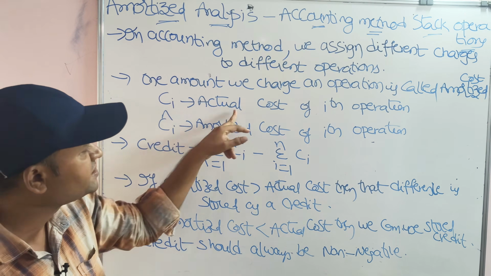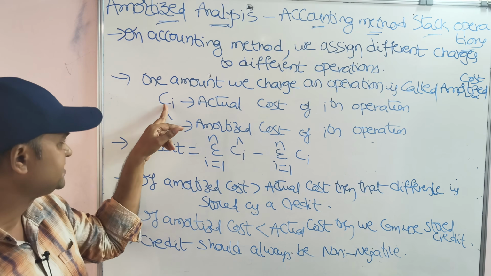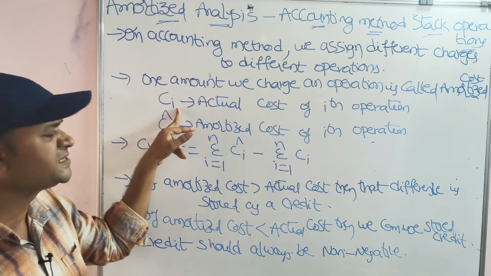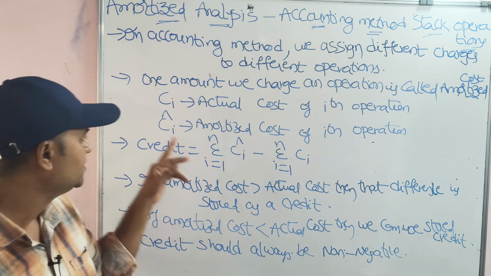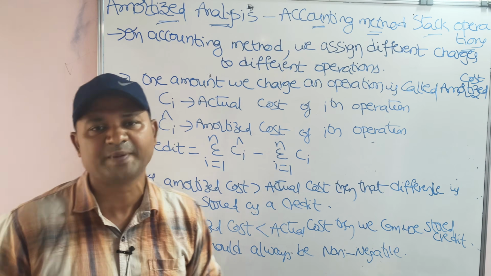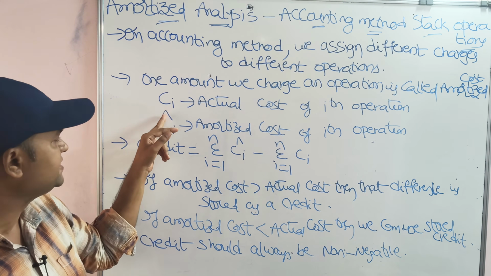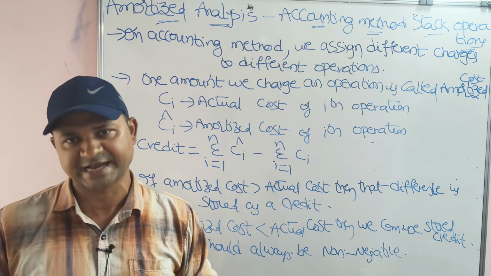Ci means actual cost of ith operation. So C specifies cost, i specifies ith operation. Whereas Ci bar means amortized cost of ith operation. So the cap specifies amortized cost.